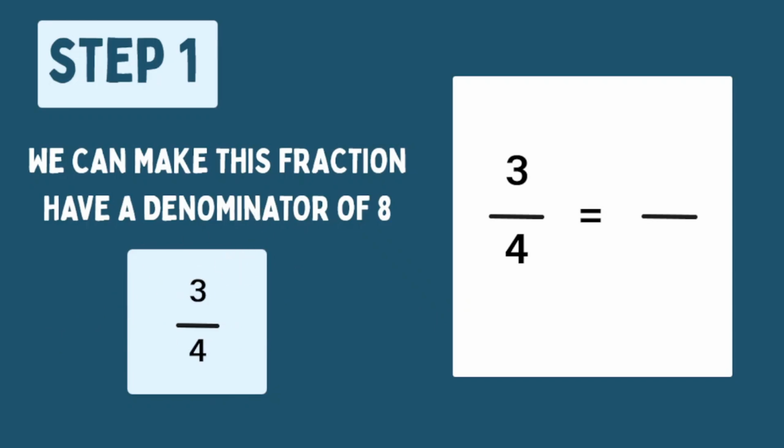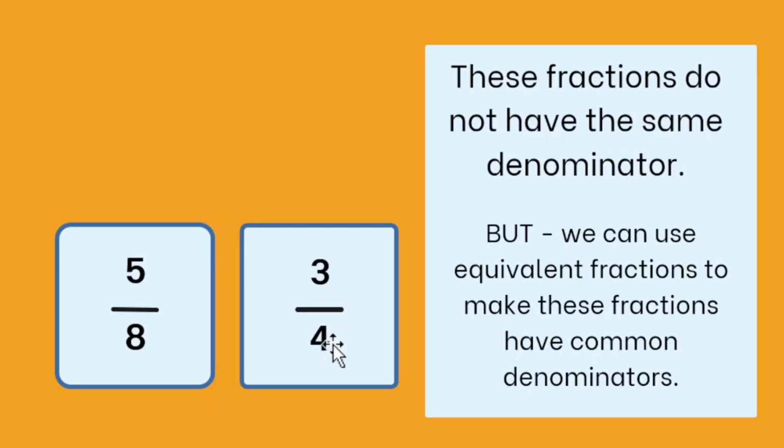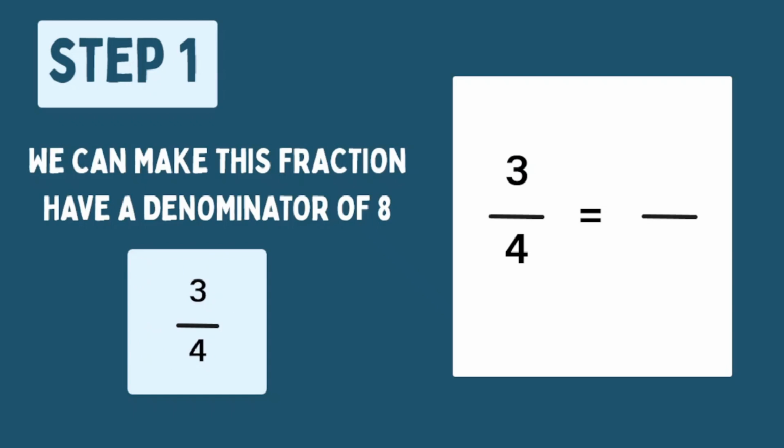If the denominator of 3 over 4 becomes 8, then the denominators are the same. Then we can compare the numerators to get which of the two fractions is bigger. I hope I'm making sense. All right. So what number are we going to multiply by 4 to get 8 is what we need to look into now.